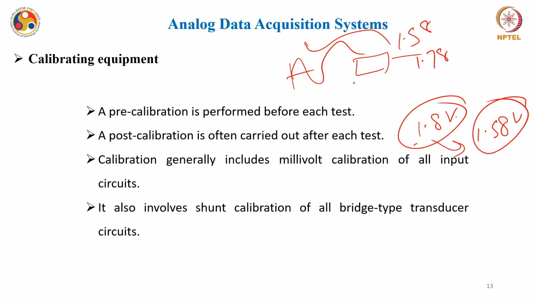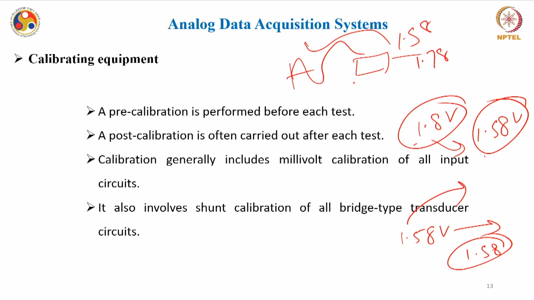Similarly, a post-calibration is done. So this is done before the measurement, and after the measurement you do a calibration again, and then you check if 1.58 volt is actually reading as 1.58 volt or not, or if there is a certain deviation, you can guess that the measurement that you have taken may not be correct.